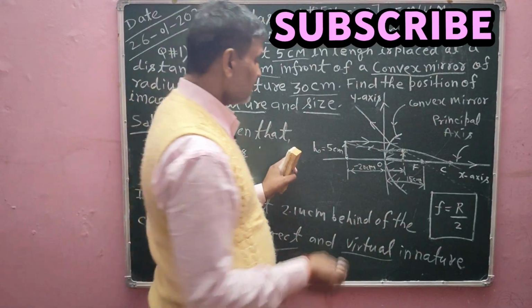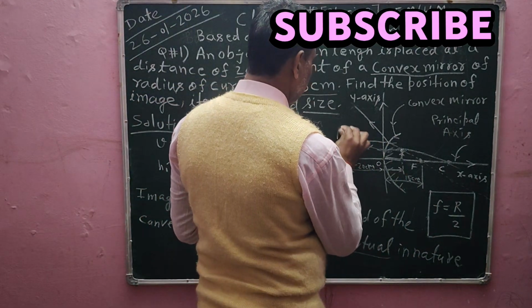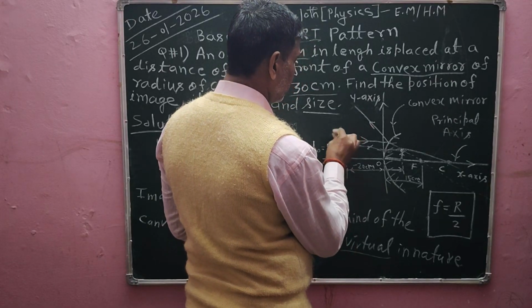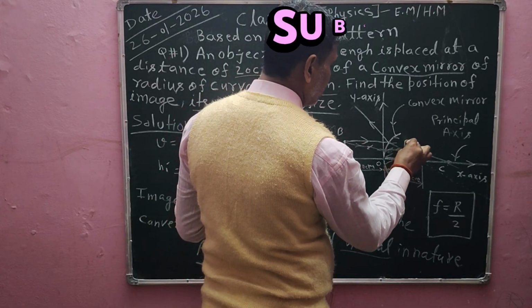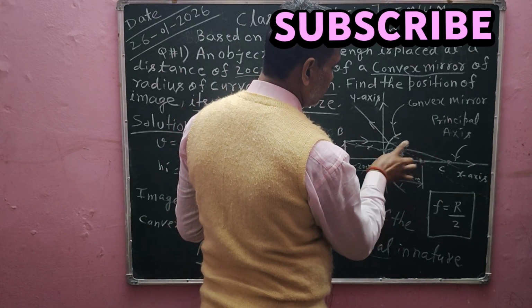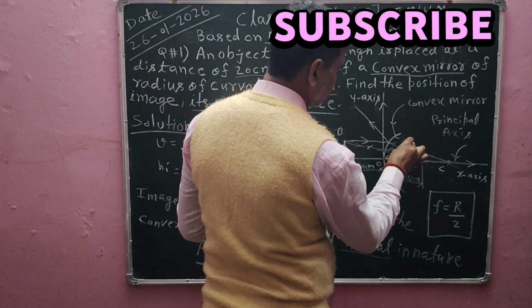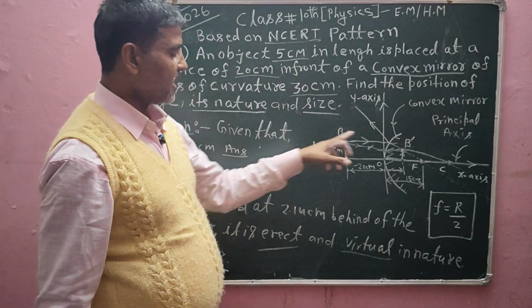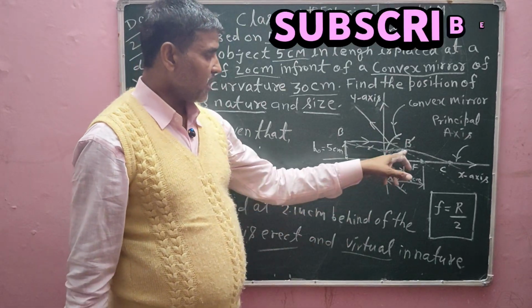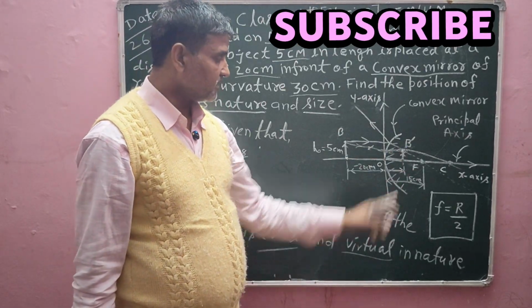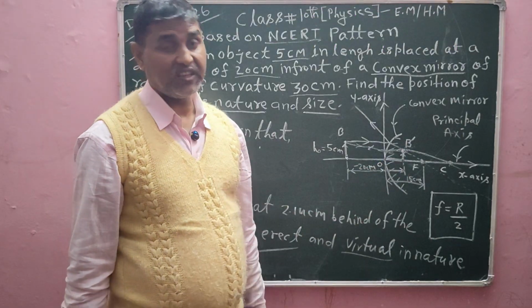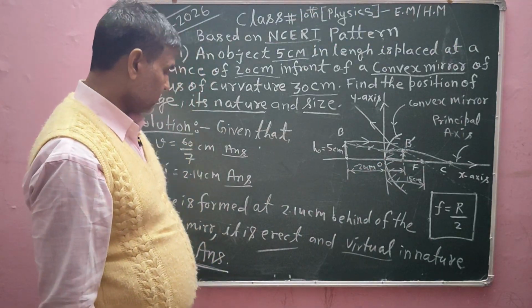I will say this point B, and this point will be B dash. So at this point it is intersecting. So I will say the image is erect and virtual.